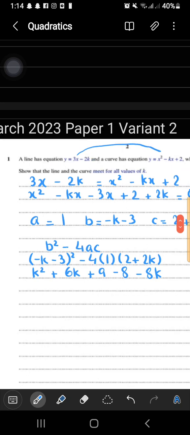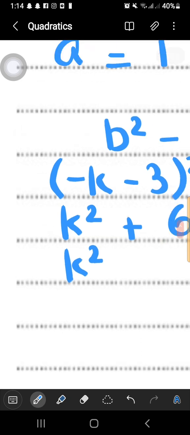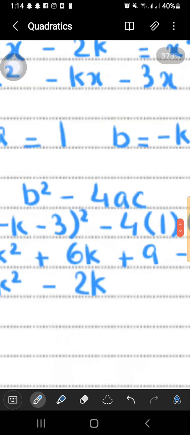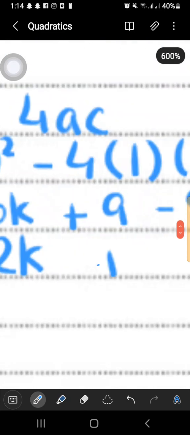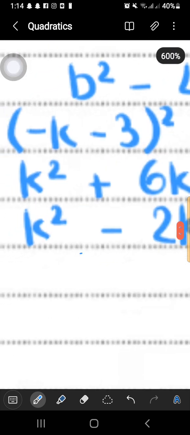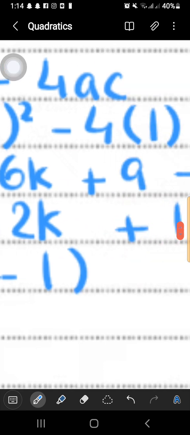Let's arrange it properly. K square minus 2k and 9 minus 8 is plus 1. If we do middle term here, it will become k minus 1 whole square. It will be a factor.